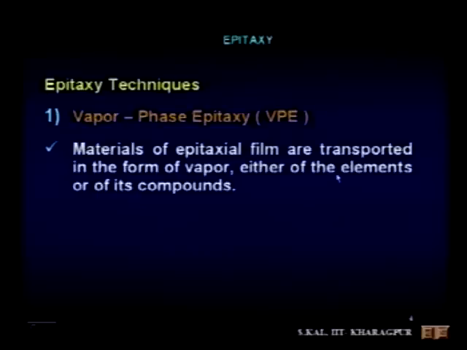The material transport is in the form of vapor, and that vapor may be in the form of element or of its compound. Element itself, that means which you are going to make the film, that may be in the vapor form, or you can use its compound, which at high temperature decomposes and give the element or the material whose film you want to make.